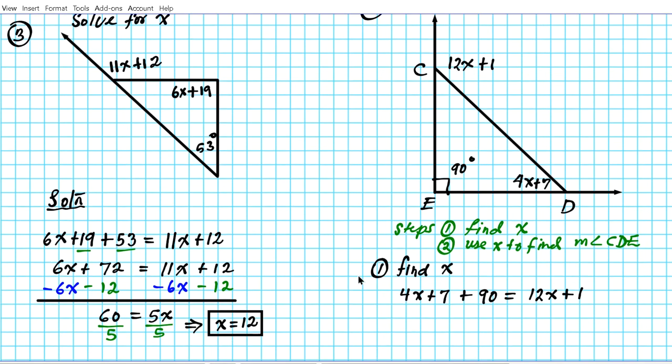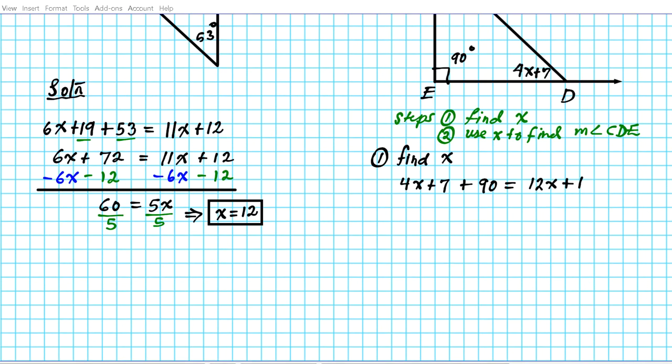All right, let's go ahead and solve that. So on the left side, you notice there are like terms that can be combined. These two constants can be combined. So we have 4x plus 97 is equal to 12x plus 1. All right, so let's get x isolated. So all the terms with x's, let's put it on the right. So subtract 4x from both sides. You can put it on the left if you want, but I like to keep my variables positive.